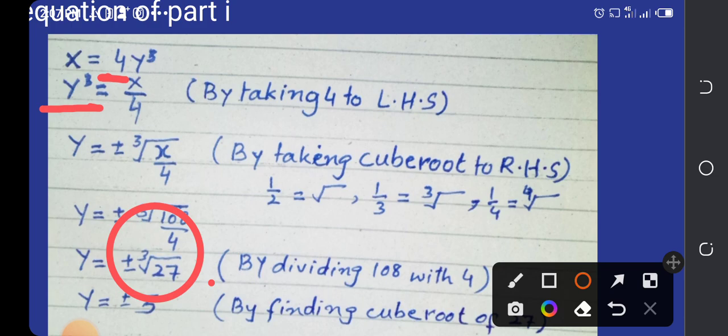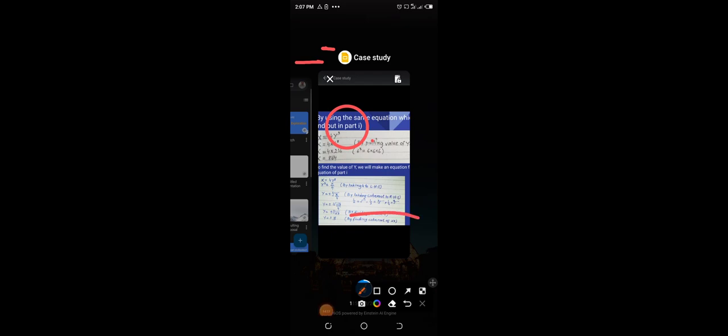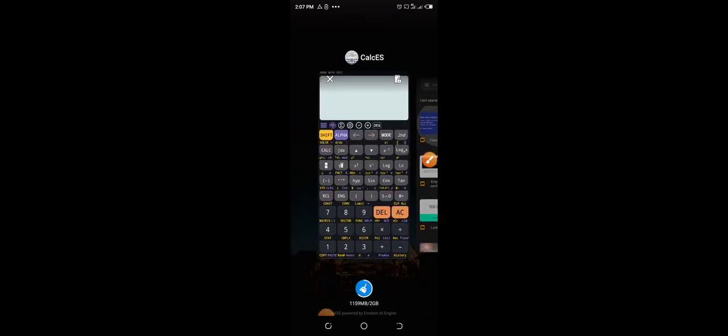Here I have a scientific calculator. First of all, press the shift button, and then this radical sign.